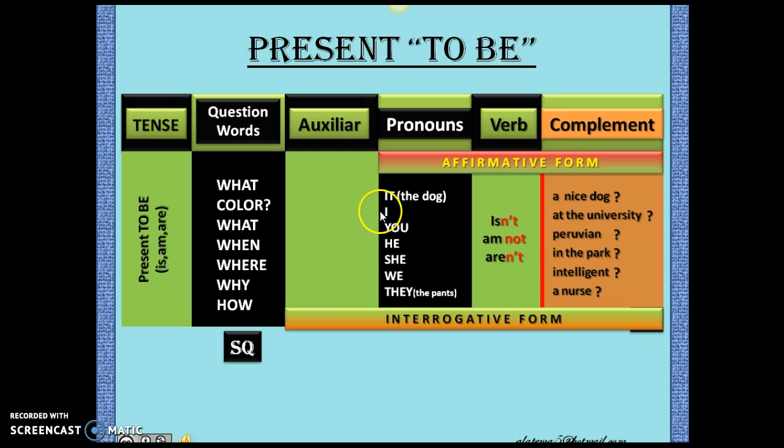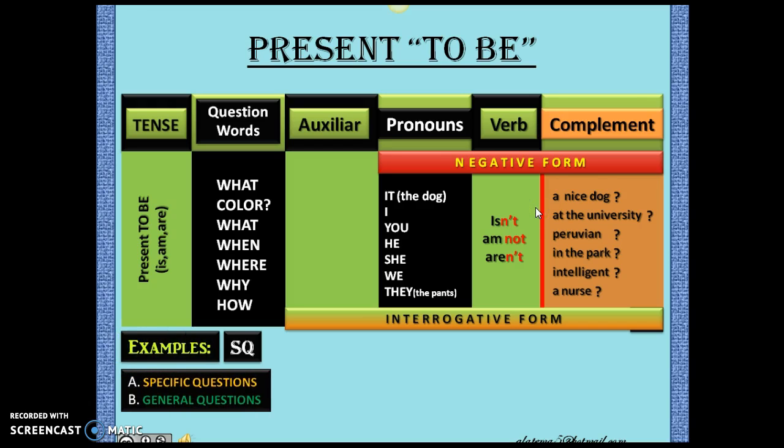When you are not using a contraction, you say I am. But you never do a contraction between the verb am with not. This form of the sentence, for example, you aren't in the park, it's a negative form, okay?